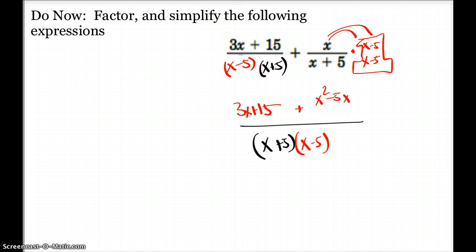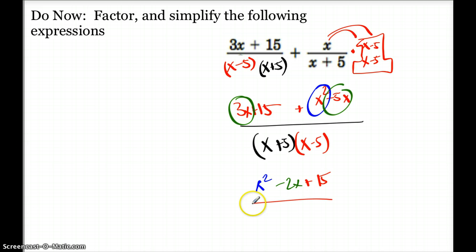I'll start off with that x squared, that goes first. And then my other like terms, 3x and negative 5x make negative 2x, and then plus 15. And all that over our new denominator, which doesn't change.